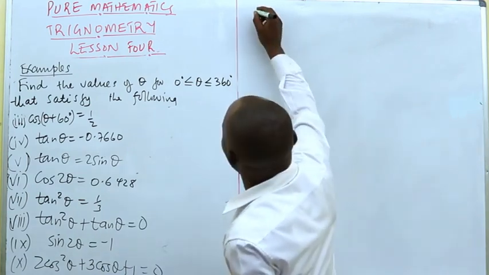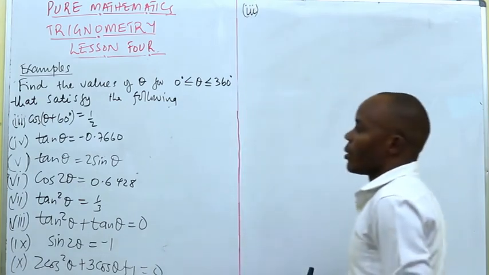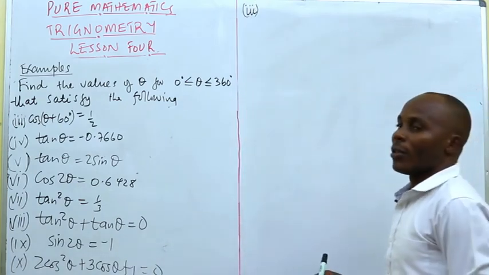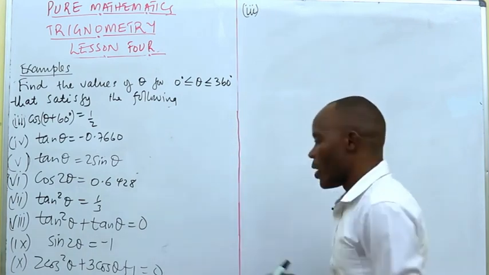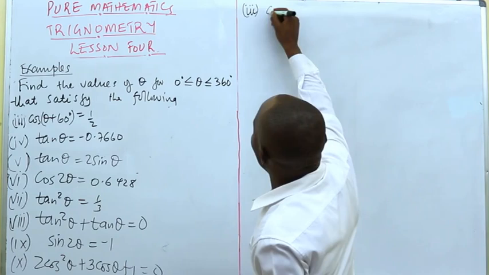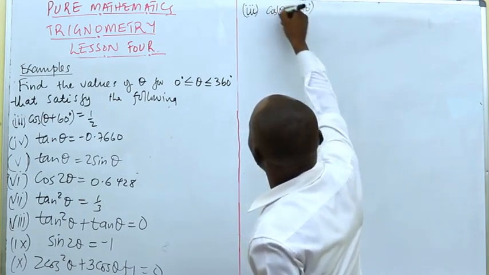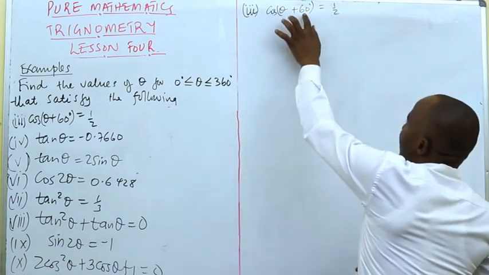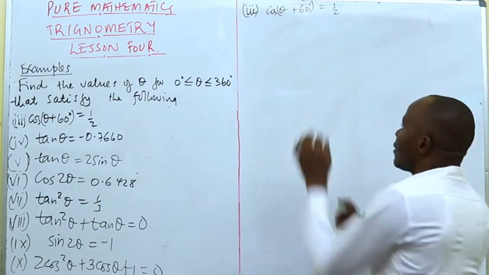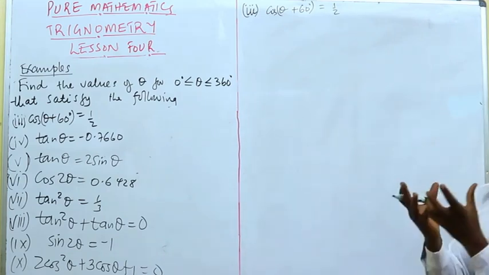When you look at Roman 3, because we've looked at Roman 1 and 2, we have cos of theta plus 60 degrees is equal to a half. Remember that the whole of this is altogether an angle.